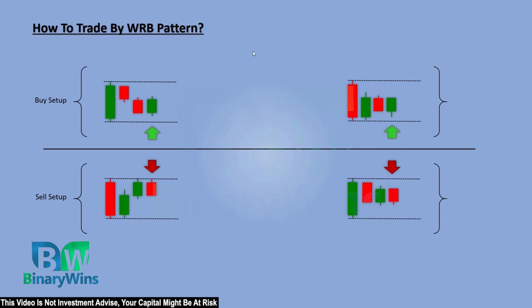But an important point: in which case we should not trade with this pattern and these candles. If my candle crosses the support of the main candle and a breakdown occurs, we can no longer enter the trade.